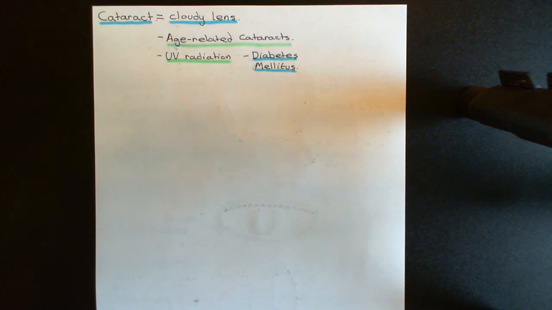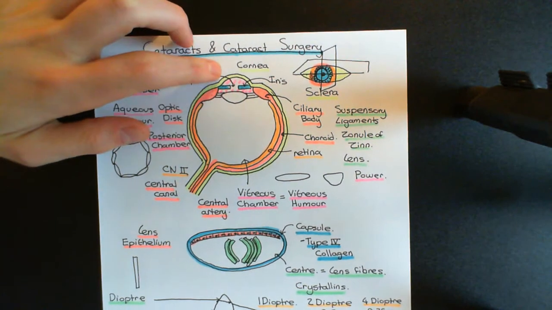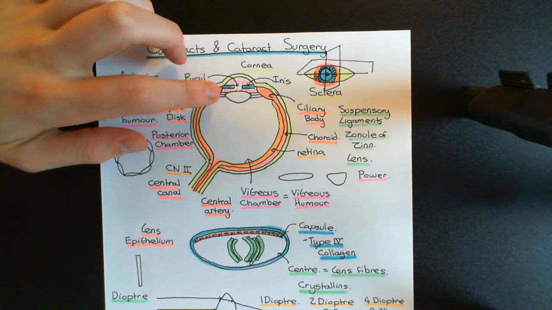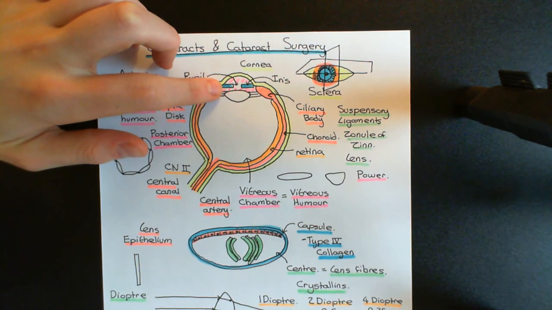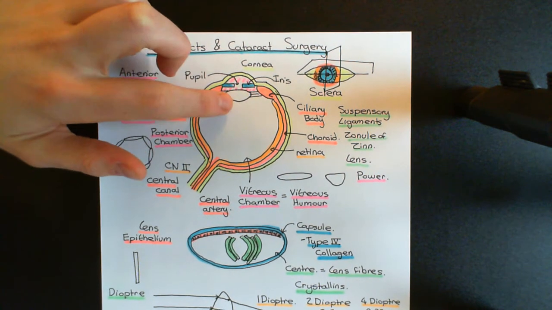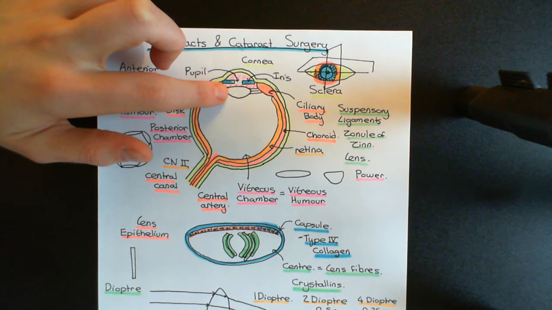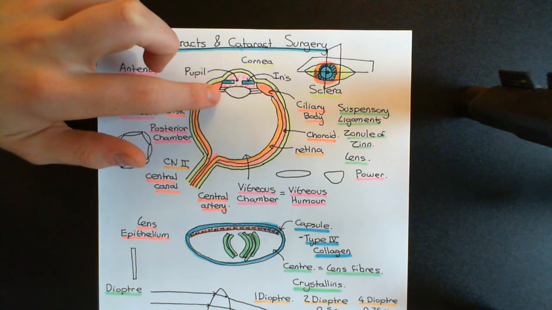In order to remove the cataract, we need to have access to the lens. Going back to our anatomy, how are we going to get to the lens? Well, we're going to go through the cornea, and what we want is the iris to be as dilated as possible, because then the pupil will be massive and we just have direct access to the lens, or the cataract as we can now call it.